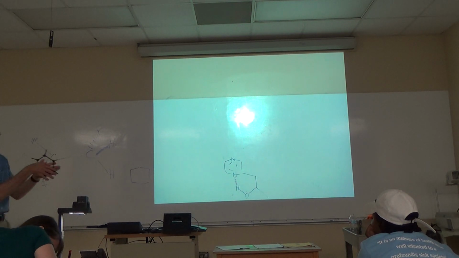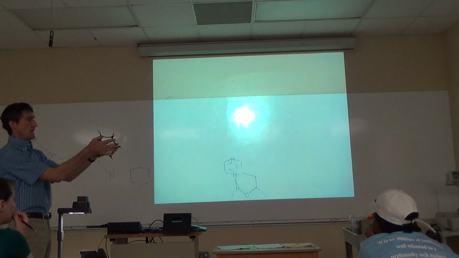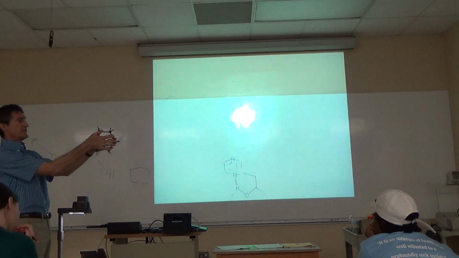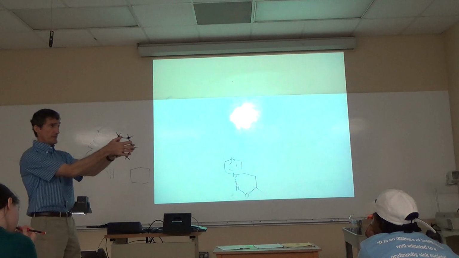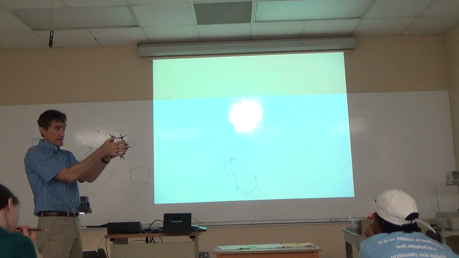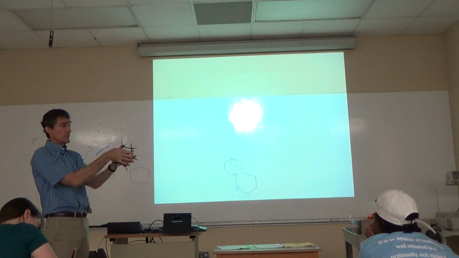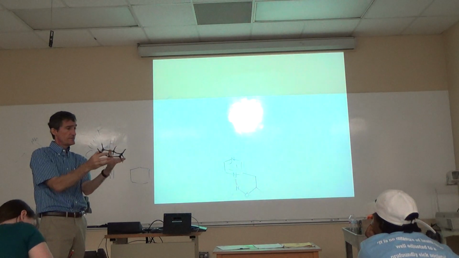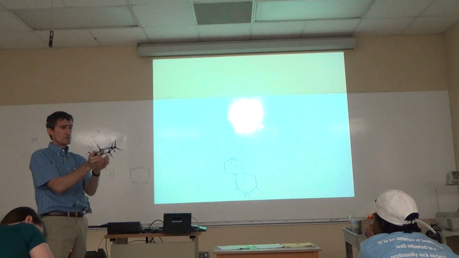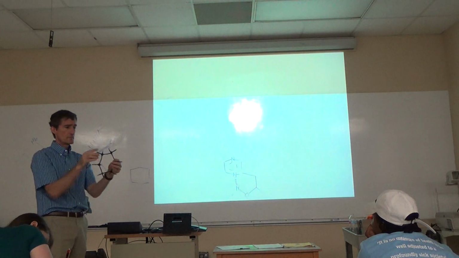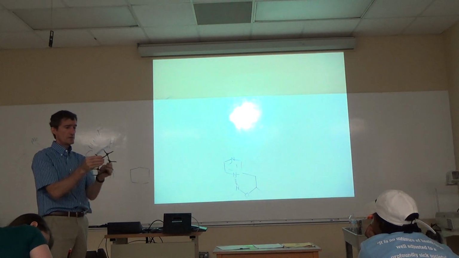Because if it was, just the carbons are all flat there. And if they are all flat on the board, then you see the H's are on each side. But what about the carbons? Is the ring flat itself? And the answer is no, for a couple of reasons.